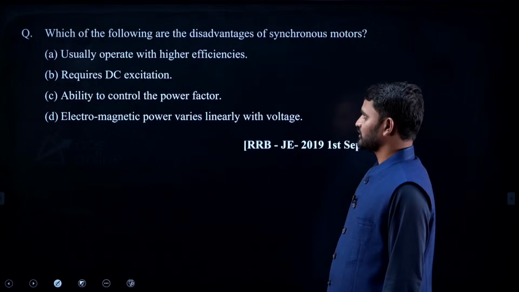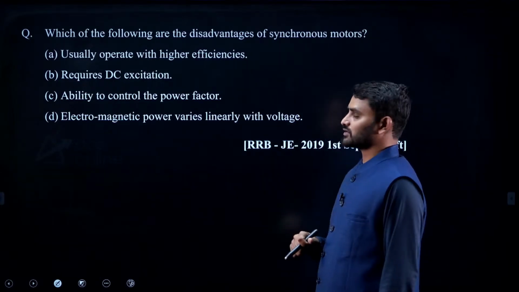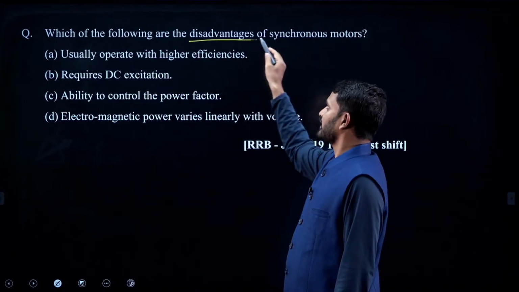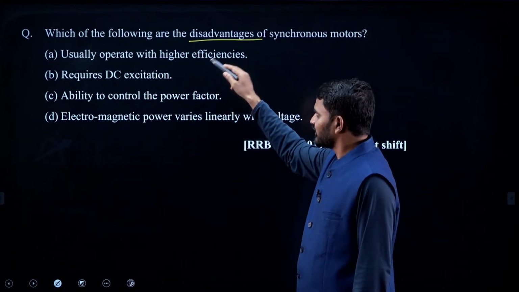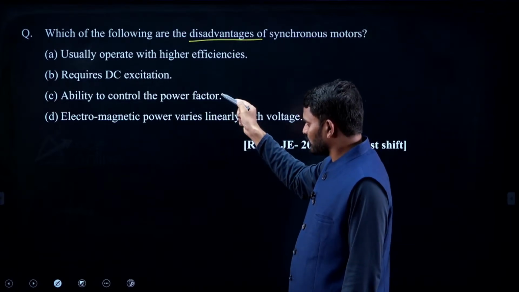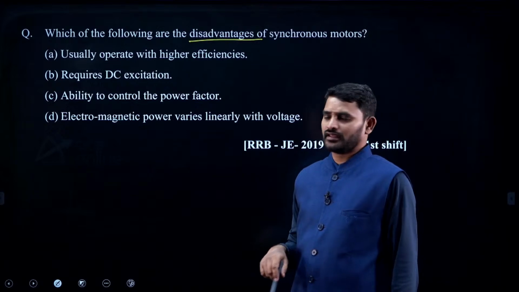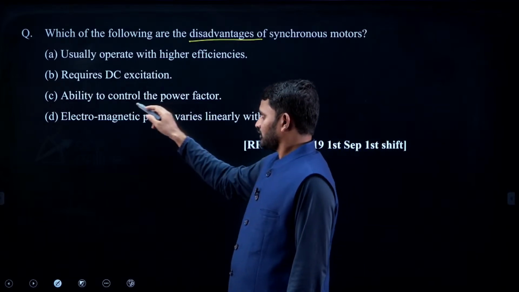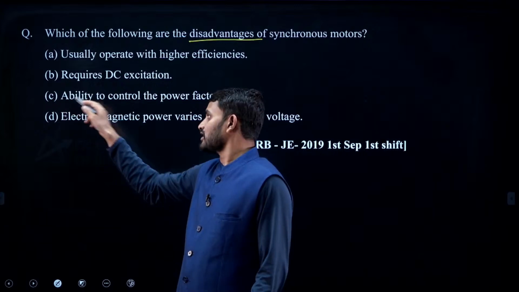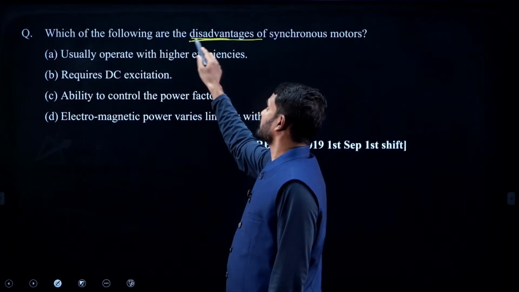Now look at this one. Which of the following are the disadvantages of synchronous motors? Usually they operate with higher efficiencies, requires DC excitation, ability to control the power factor, electromagnetic power varies linearly with voltage. Here, ability to control the power factor is not a disadvantage, it is actually an advantage. He is asking disadvantage, right?